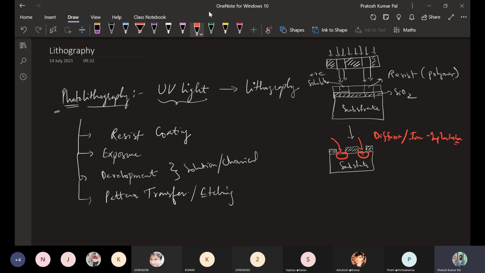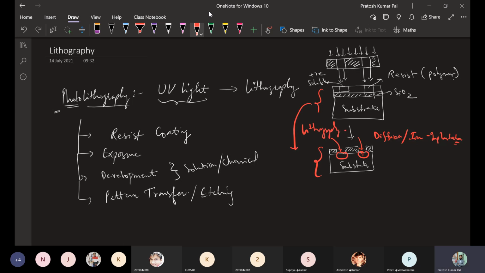Up to this, from this surface, whatever steps are required are considered to be a lithography step. These steps we have seen in the previous class.